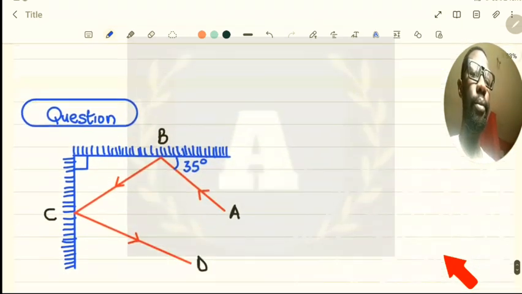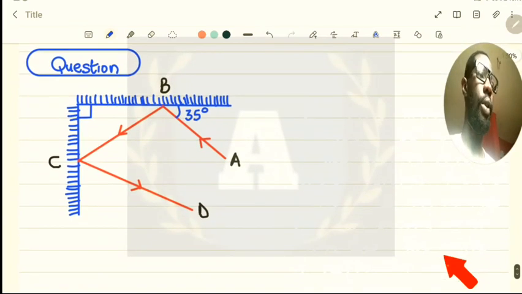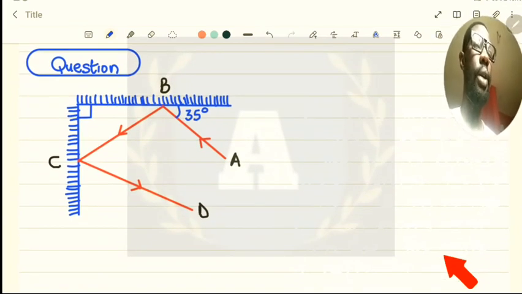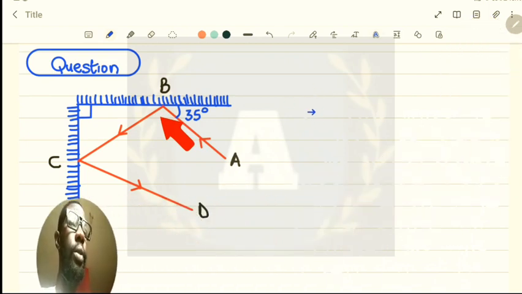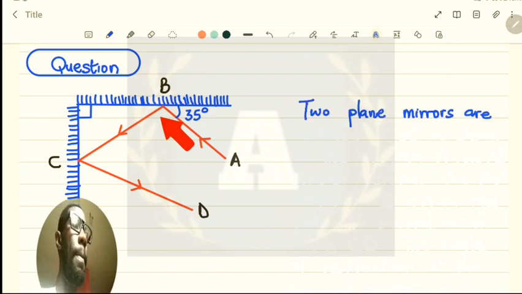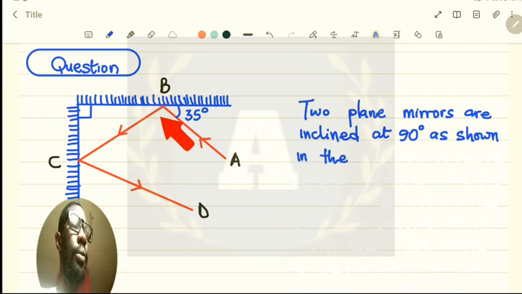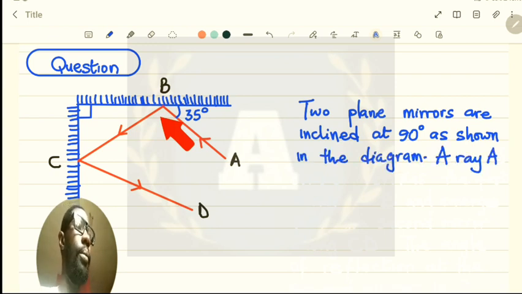All right, finally we have another question here that has to do with this diagram. The question says two mirrors are inclined as shown in the diagram.